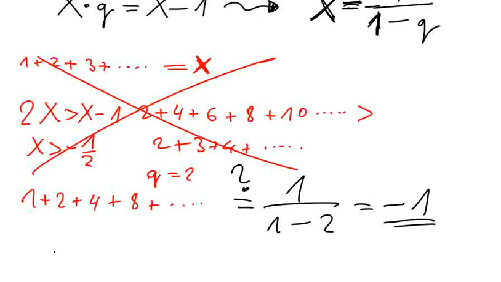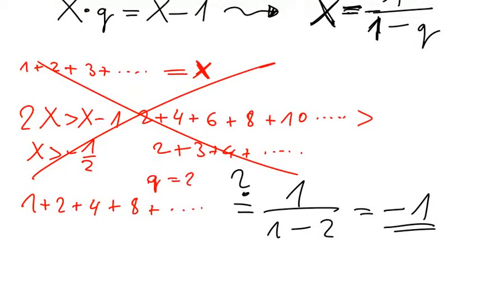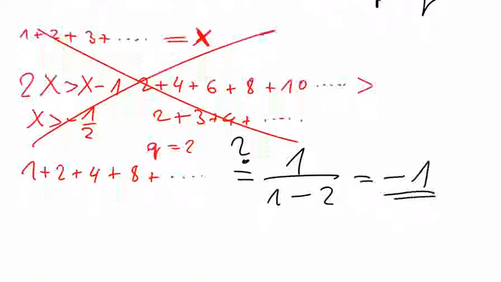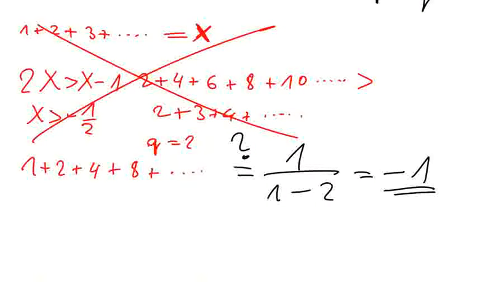Which is nonsense, because we are summing non-negative numbers which are growing faster and faster. So this cannot be minus 1, this is plus infinity, of course. So we need to check whether the series converges or diverges.